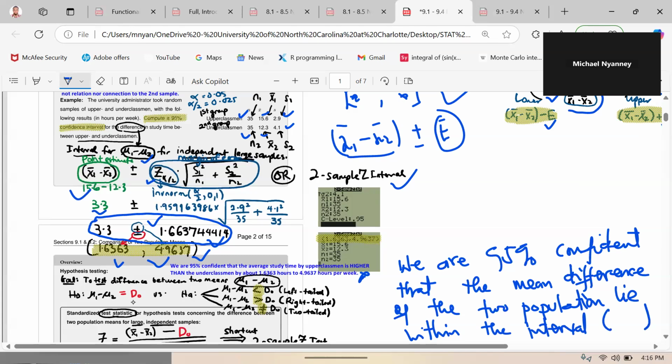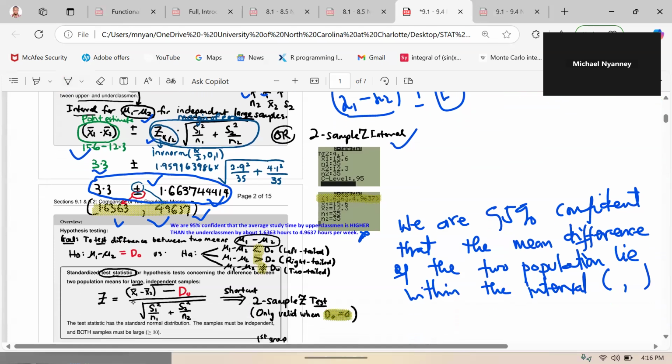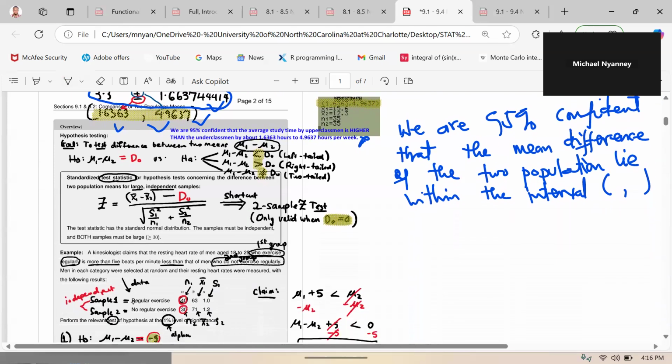So this is the interval. So the final answer that you get, you bring your interval. It's just as simple as that. Then you're good to go. Okay. This explanation is with respect to what the question is saying.